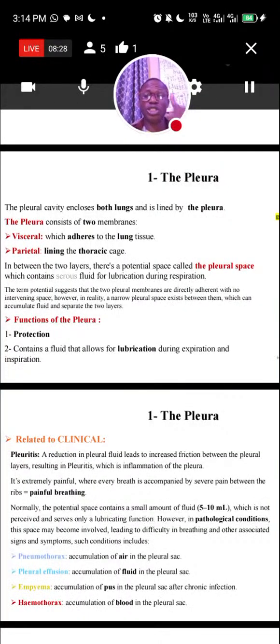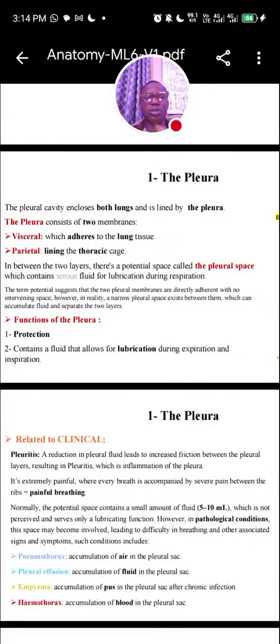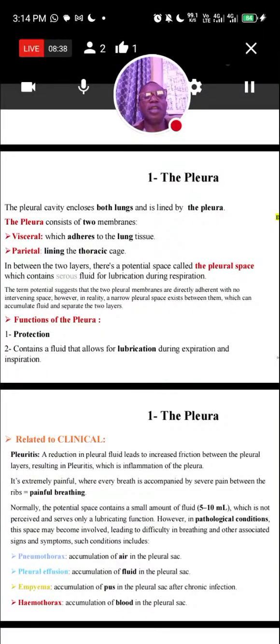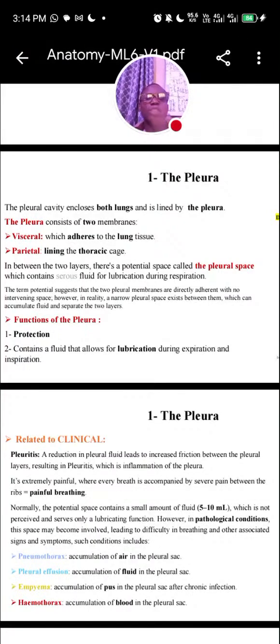First, we started with what the pleura is. We said it's a lining on the lungs. Next, we said the pleura has a cavity and has a space. The pleural cavity is enclosed by the two lungs and the pleura, and it's lined by the pleura.